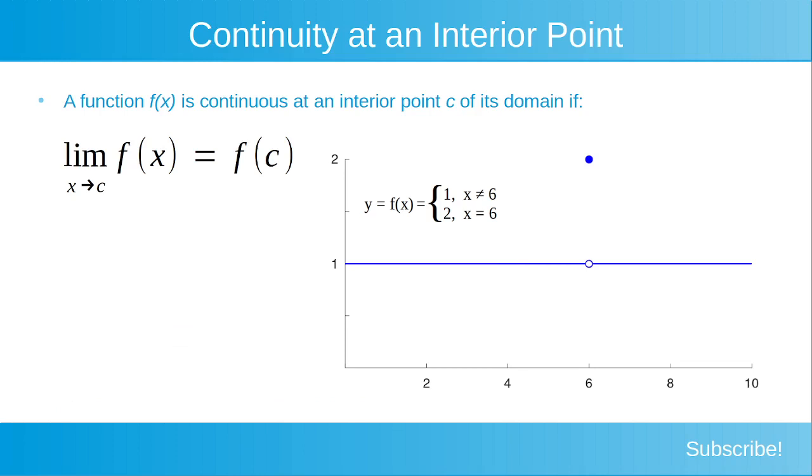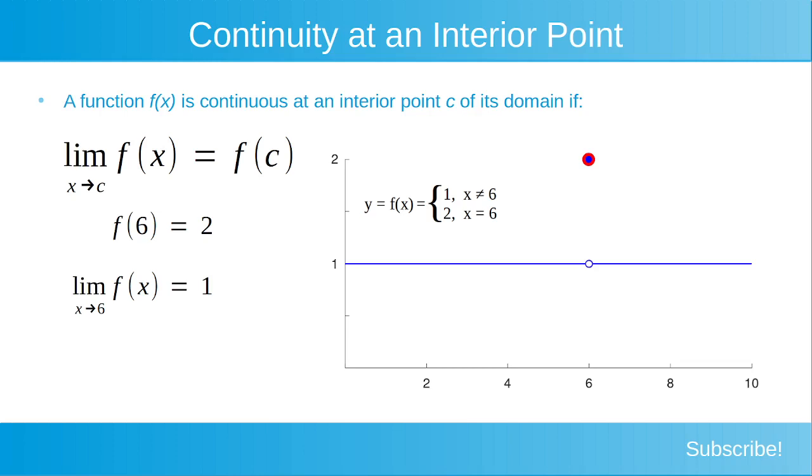If we now look at a different point on our plot, the point now highlighted with this red circle, the point where x is equal to 6 and our function value is equal to 2. Our function value, f of 6, is equal to 2. But our limit as x approaches 6 of our function f of x is equal to 1.